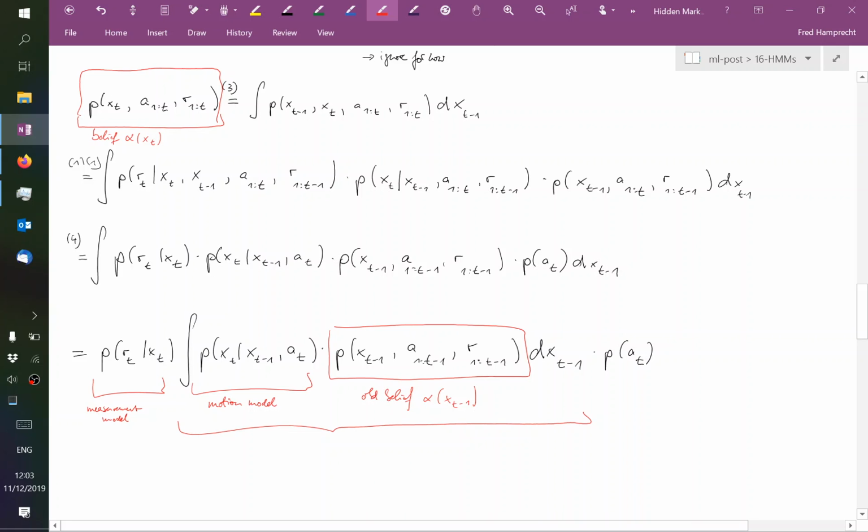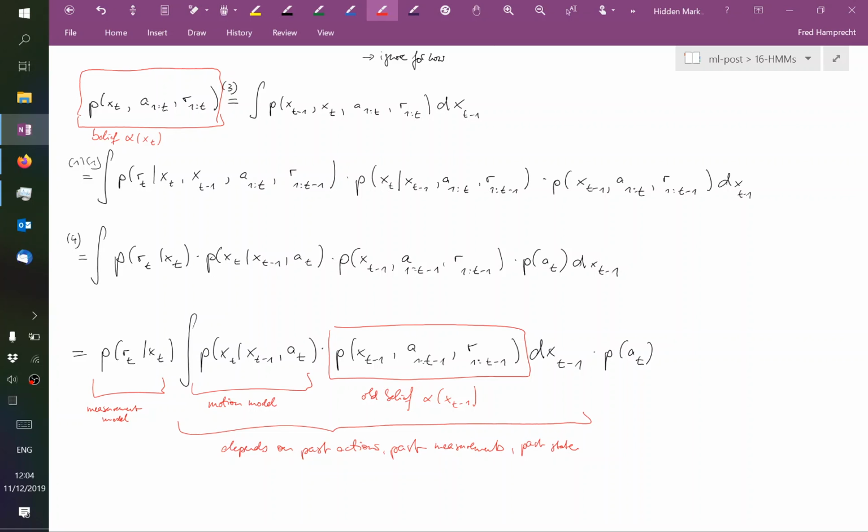If we look at what it depends on, this depends on past actions, on past measurements or sensor readings, and it depends on past state also. But it does not depend on the new reading.